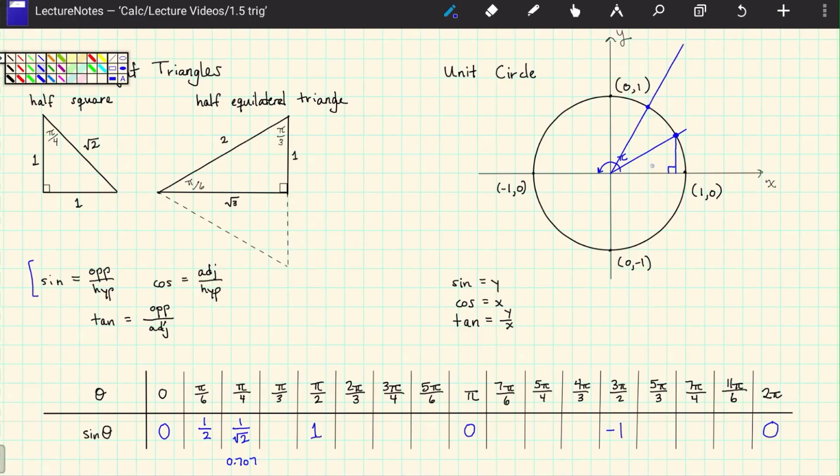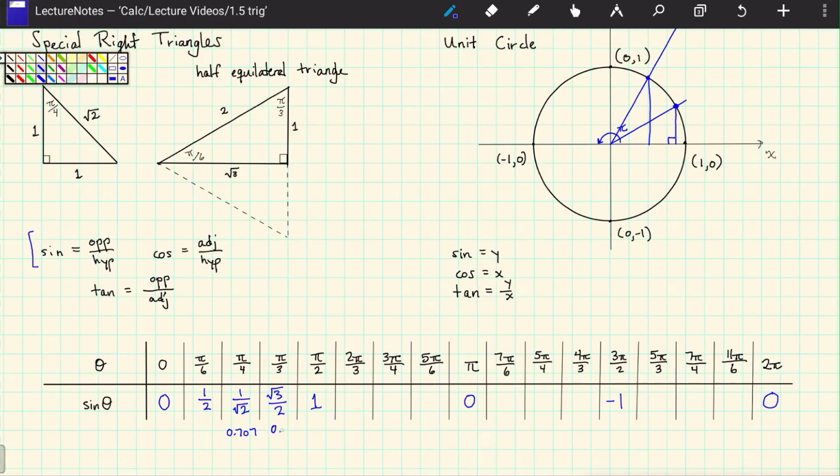And then the sine of 2 pi over 6, which is pi over 3, here I'm looking at the half equilateral triangle, and instead of my angle being the smaller angle, my angle is the larger angle. And so the sine of that is going to be root 3 over 2. And by the way, that is approximately 0.866.